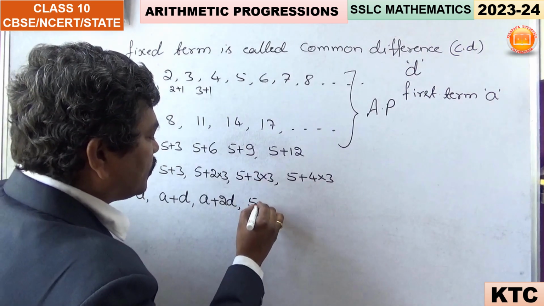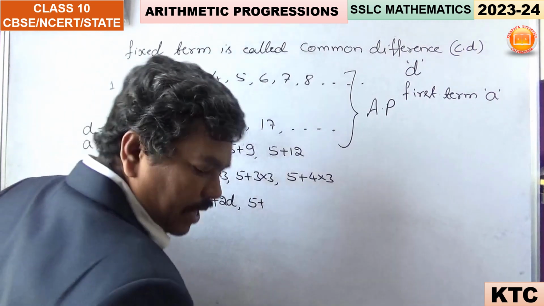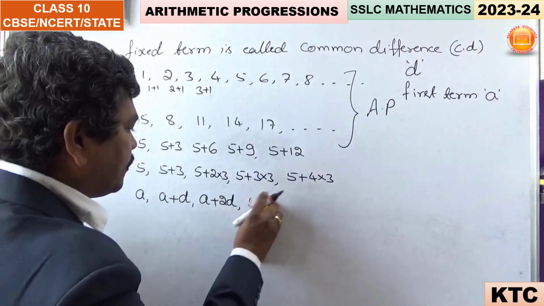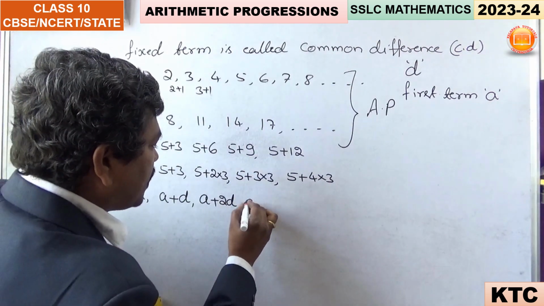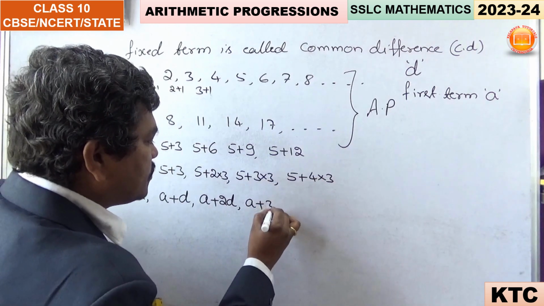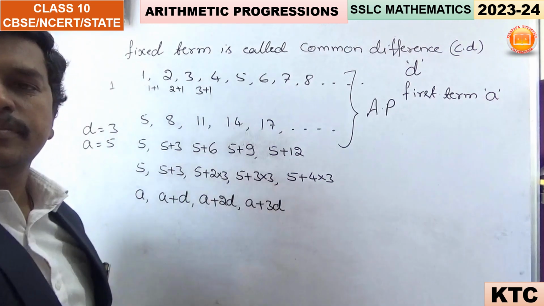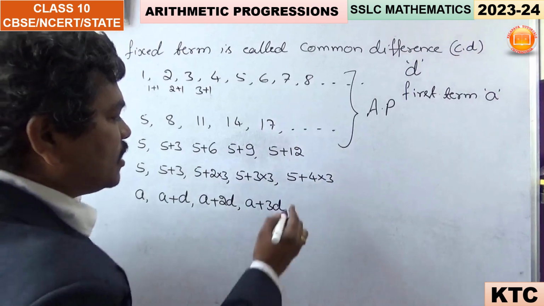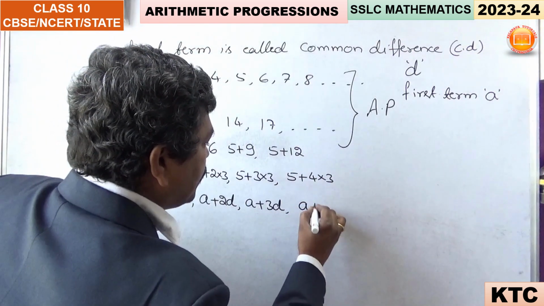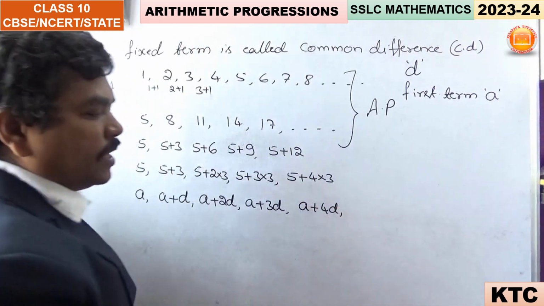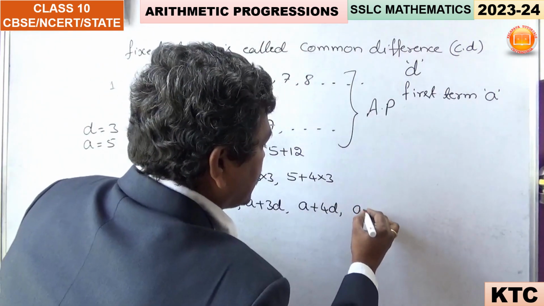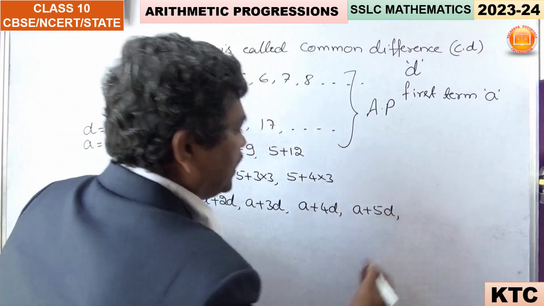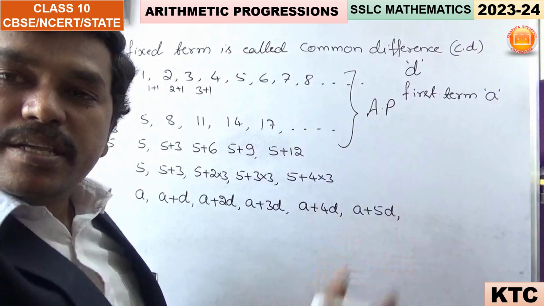For the fourth term, sorry, here we have to take the symbol a. In the place of 5 we write a, and this becomes 3d. a plus 3d, and also here we write a plus 4d, and the next term can be written as a plus 5d, and also a plus 6d, a plus 7d.